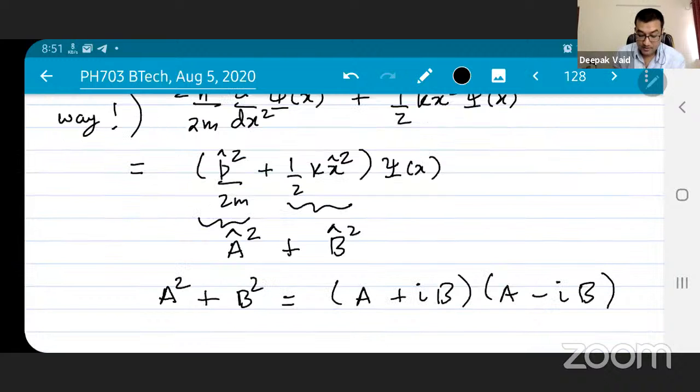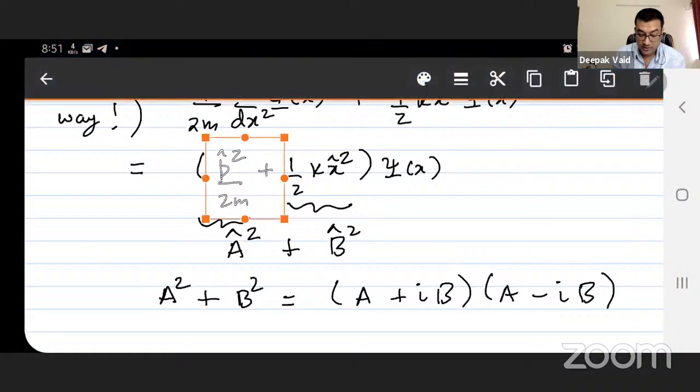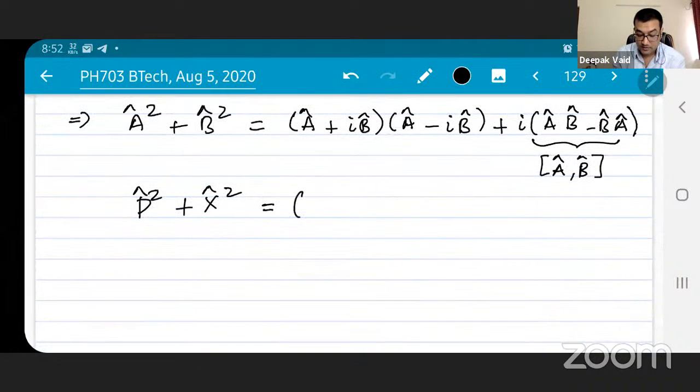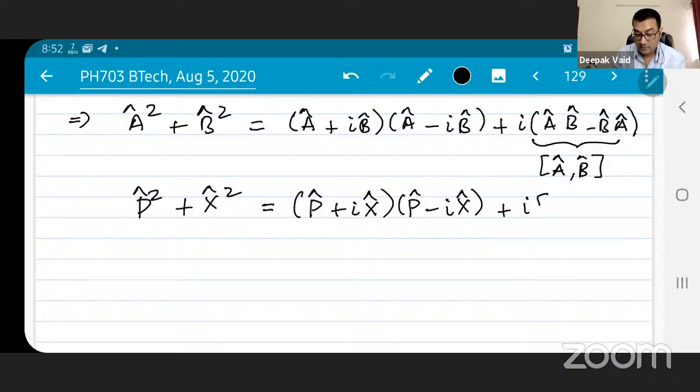Capital P is this whole thing and capital X is this whole thing, and this becomes equal to P plus iX, P minus iX, plus the commutator of capital P and X.